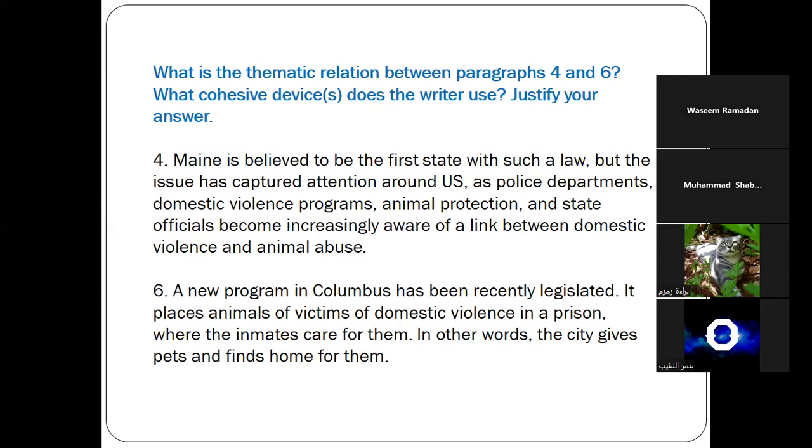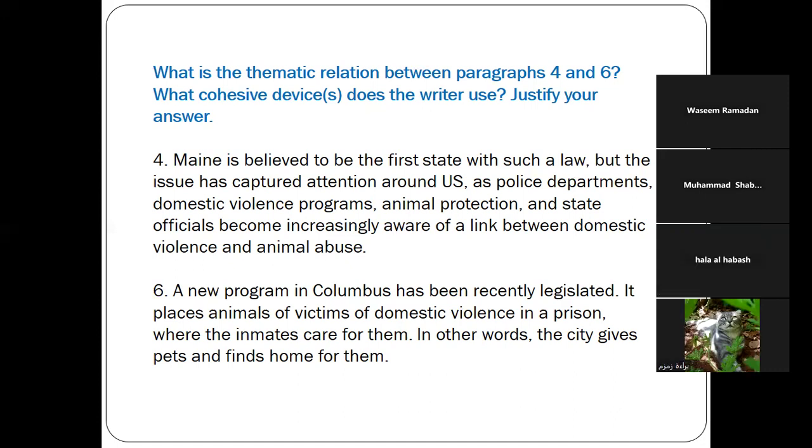Comparison, because you have Maine and Columbus, maybe? Okay, good. Now, the thematic relation, some people said it's addition reinforcement, some people said it's compare contrast. We will see the answer and discuss it thoroughly.